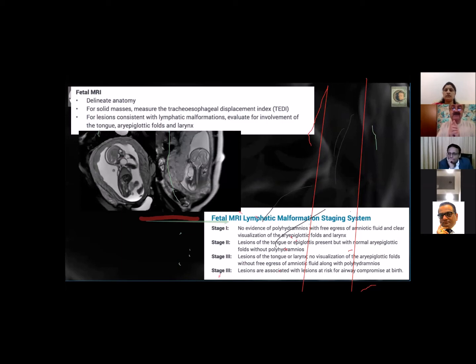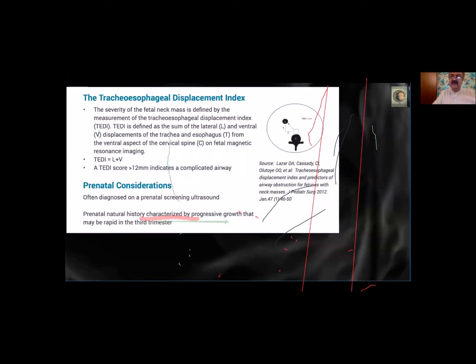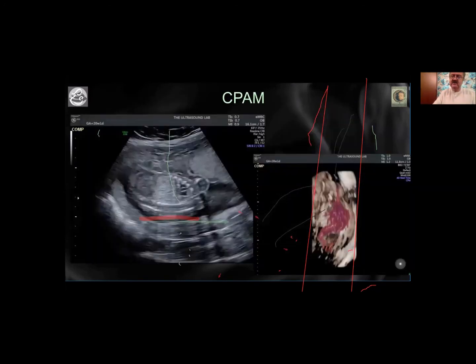And therefore, it's nice to have a good pediatric surgeon on board when you're managing such an anomaly. And there are indices that the radiologist uses, and they can tell you how severe is a mass in the lower part of the neck and the upper part of the thorax. And they have these indications on the internet, and you can use those.